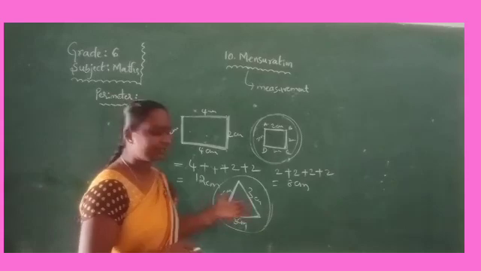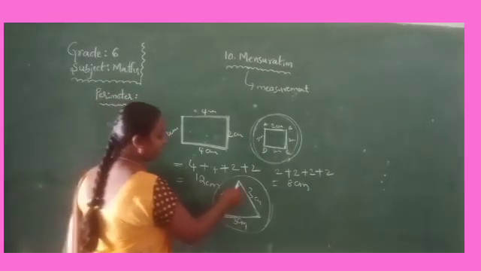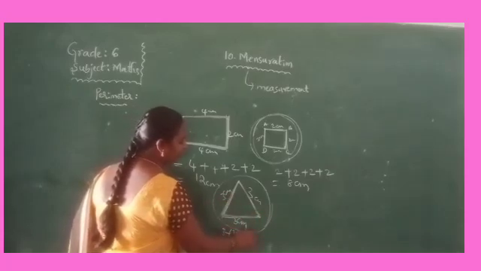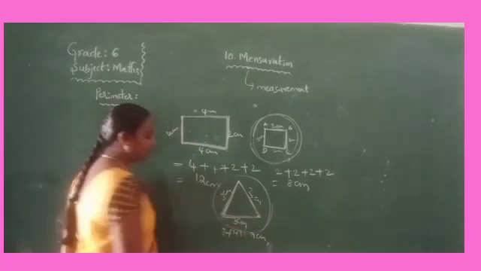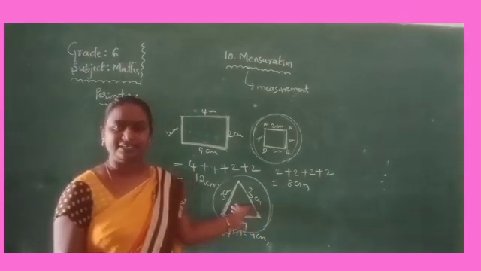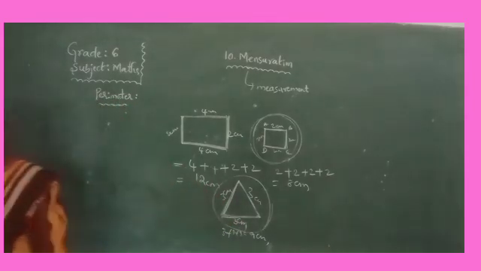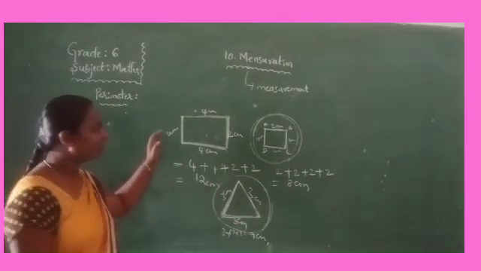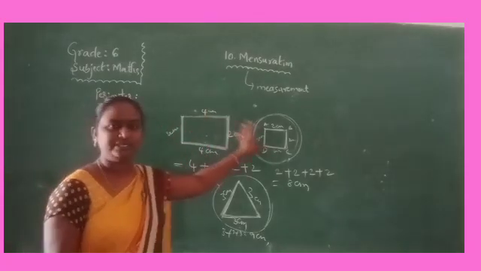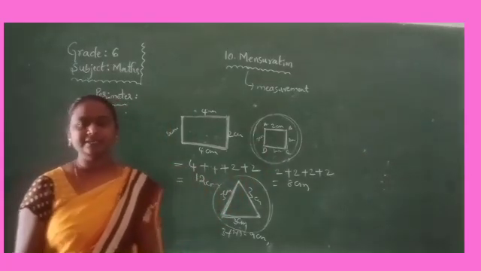The perimeter of this equilateral triangle is the sum of 3 sides: 3 plus 3 plus 3, total 9 centimeters. Is it clear, children? Now tell me, what is the perimeter? The sum of the measures of all the sides of a closed plane figure is called the perimeter.